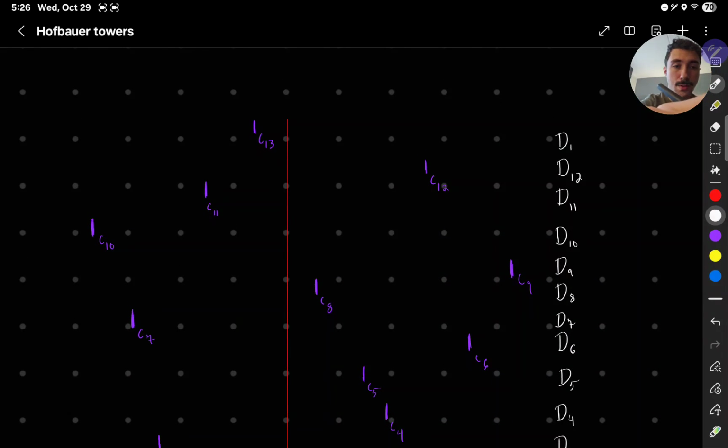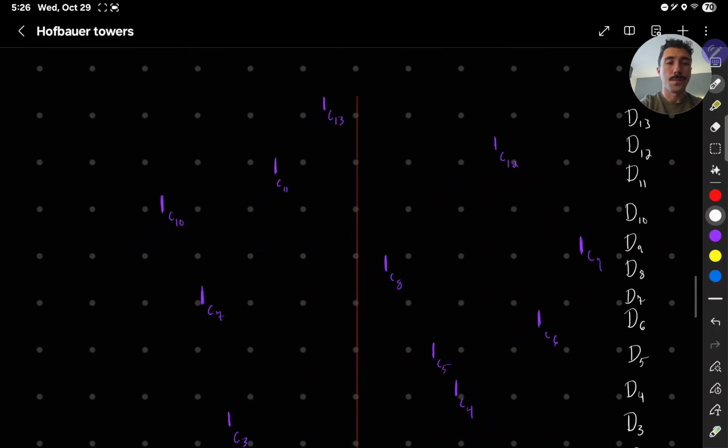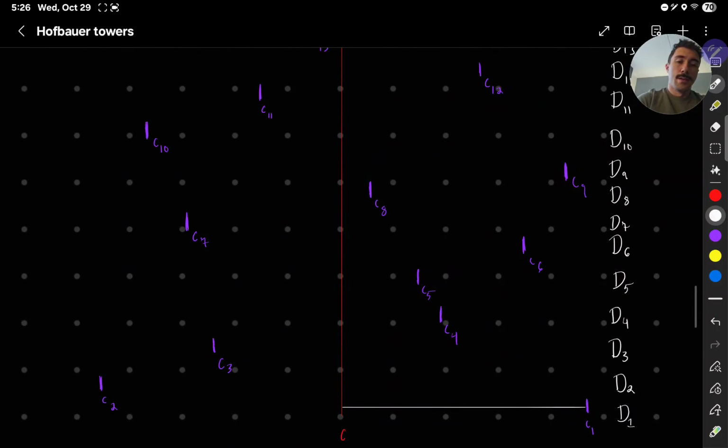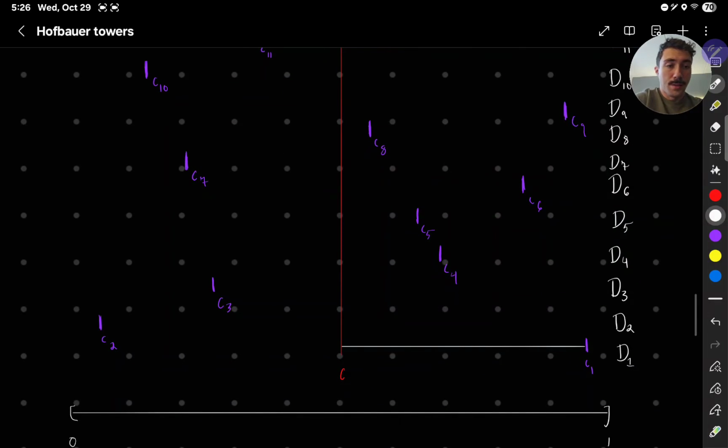And this would continue on forever, upward. Now I do a little rule where I'm going to say that these are all closed intervals.